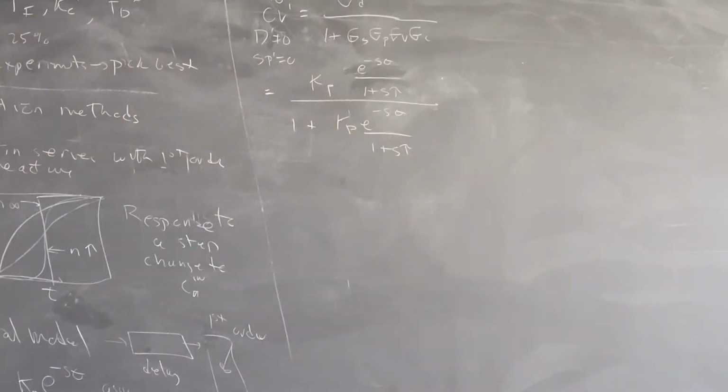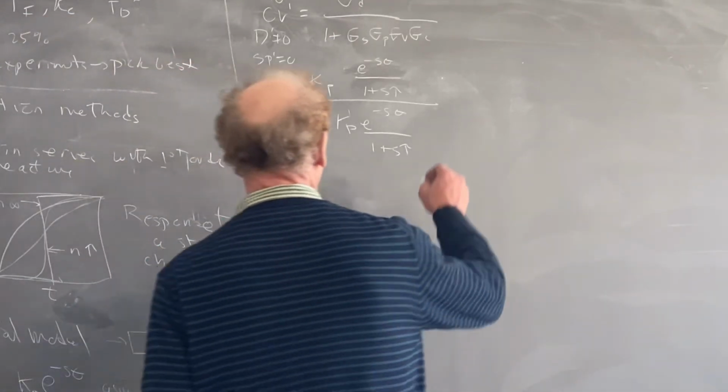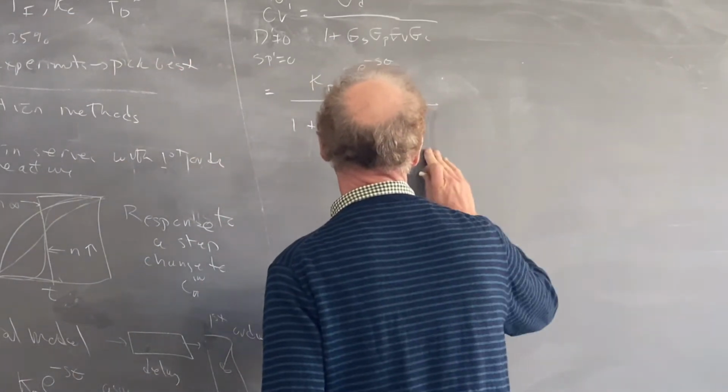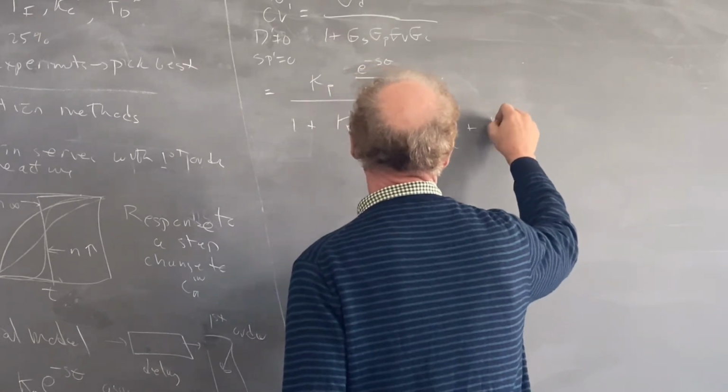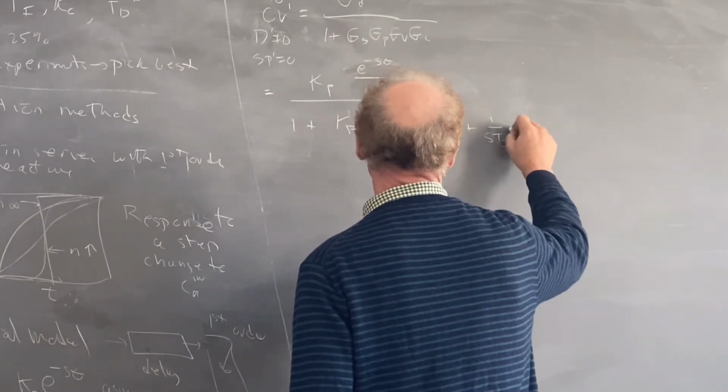And now I need GC. For GC, I'm going to use the PID controller. So the PID controller is KC times 1 plus 1 over S TI plus S TD.